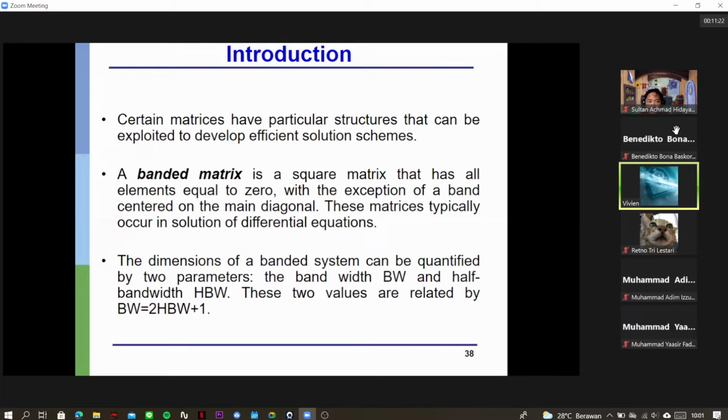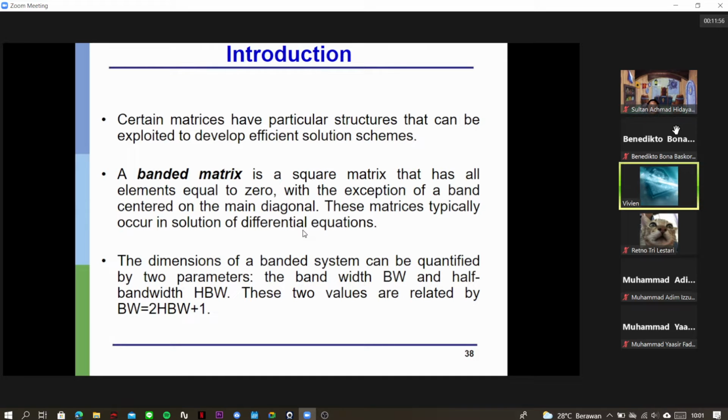These matrices typically occur in the solution of differential equations. If we have an engineering problem that gives us differential equations, we can discretize the differential equations so that they become linear equations, and the resulting linear equations will be a banded matrix. We will learn more about this after the midterm exam, in the partial differential equation solution.